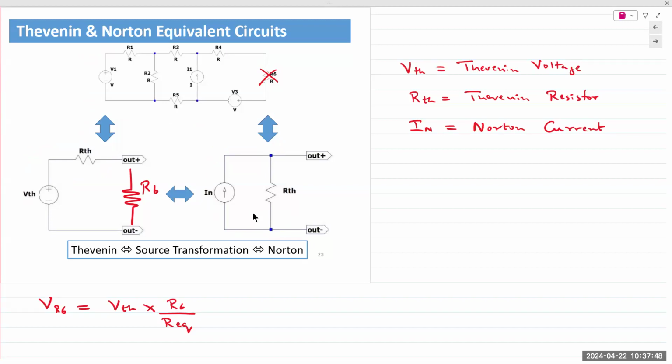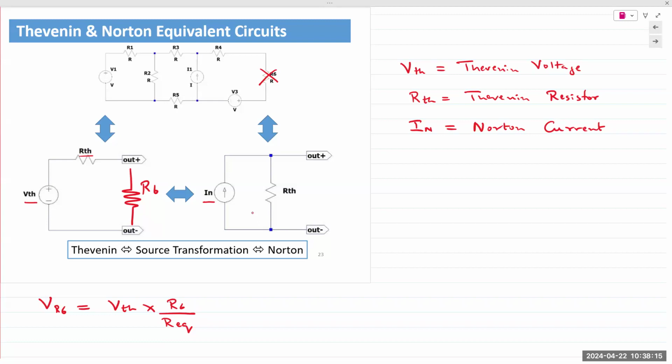This is where you would apply Thevenin's theorem. So again, R6 is not part of your analysis, and we'd expect to find the Thevenin voltage, Thevenin resistance, and Norton current.